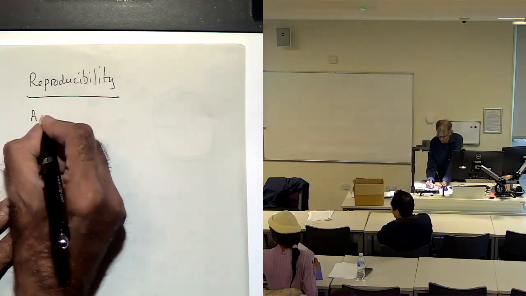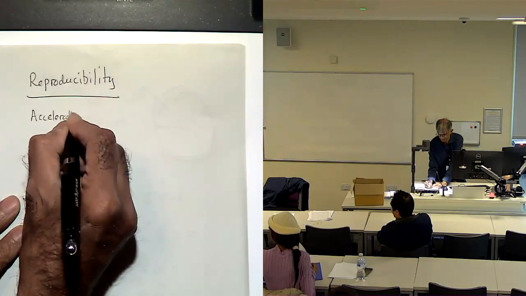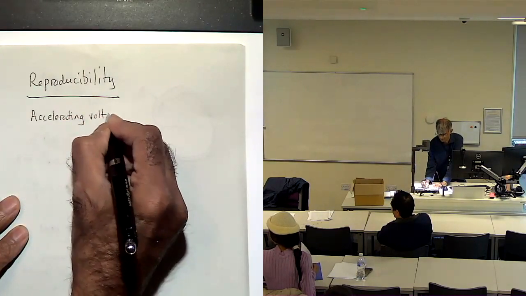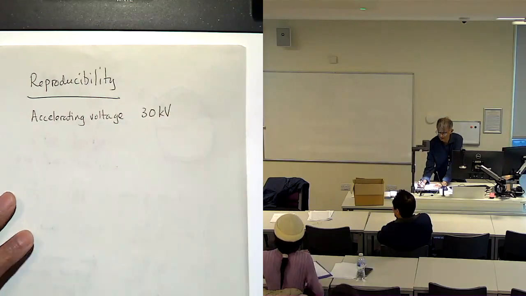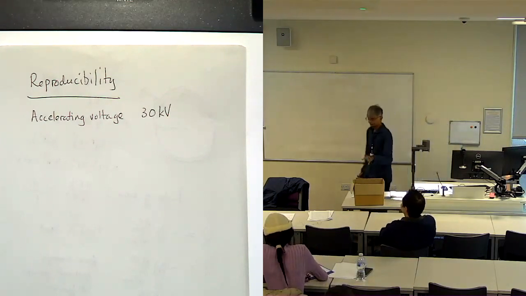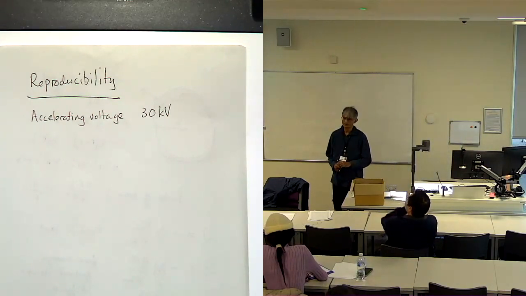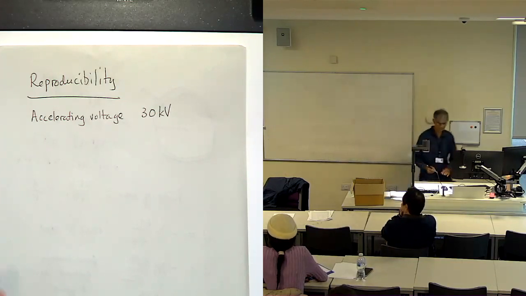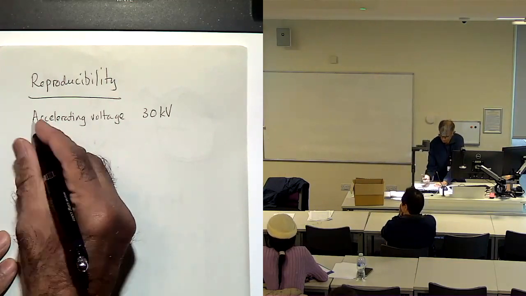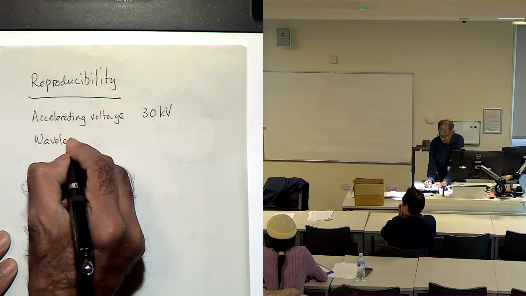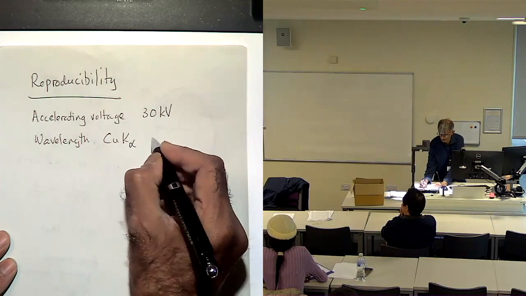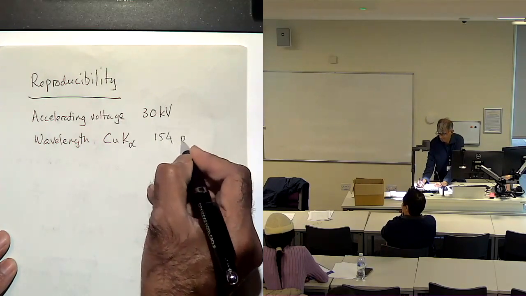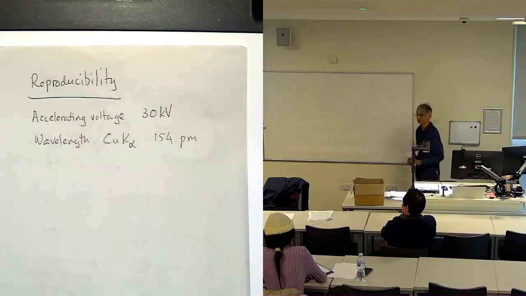So the first thing is that the accelerating voltage, then there is the wavelength, which was from copper, and the wavelength was, I'm just putting this down from memory, okay?